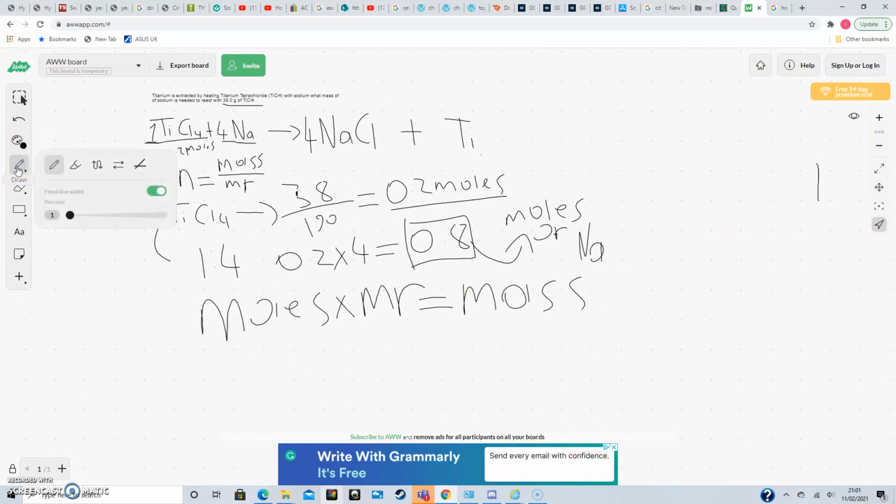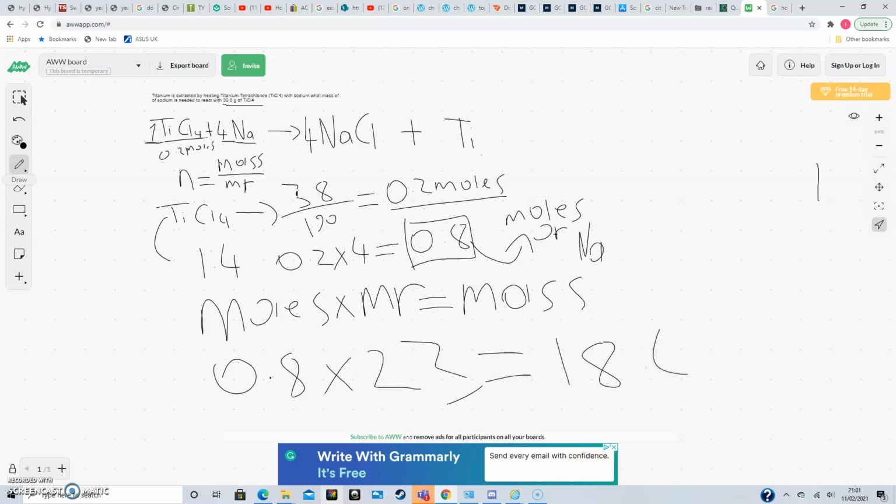This means 0.8, because that's the moles, times the MR of sodium, which is 23. 0.8 times 23 equals 18.4 grams. And that's your answer. So 18.4 grams of sodium is needed.